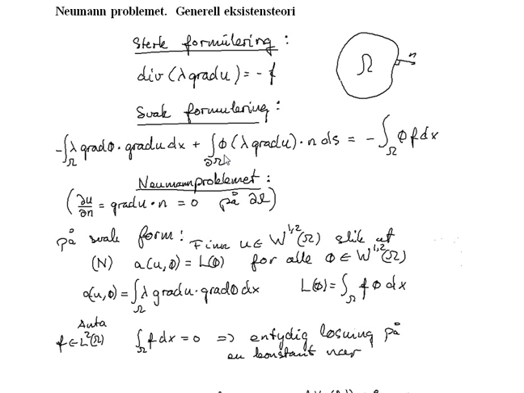For the Dirichlet problem, we only used test functions phi which had the property that the function was 0 on the boundary. Therefore, this boundary integral vanished. For the Neumann problem, we have that the normal derivative of u is equal to 0. The normal derivative is in fact equal to the gradient of u multiplied with the normal unit vector on this boundary.